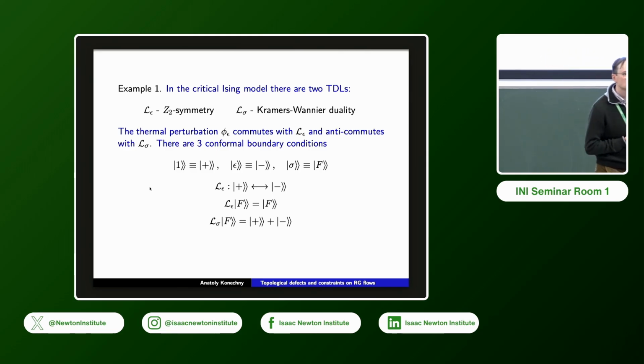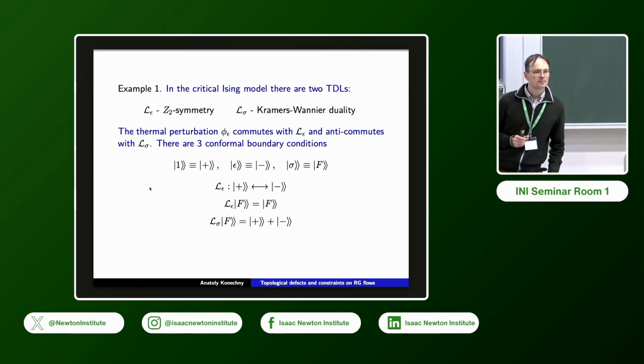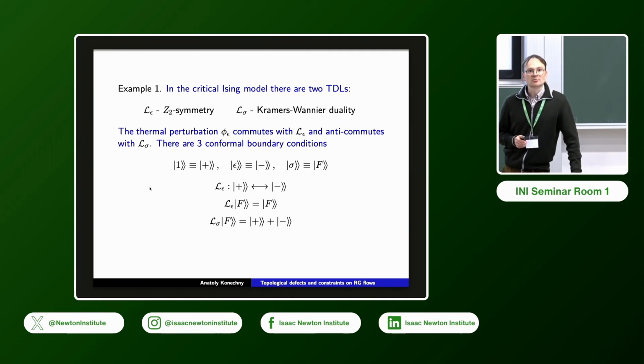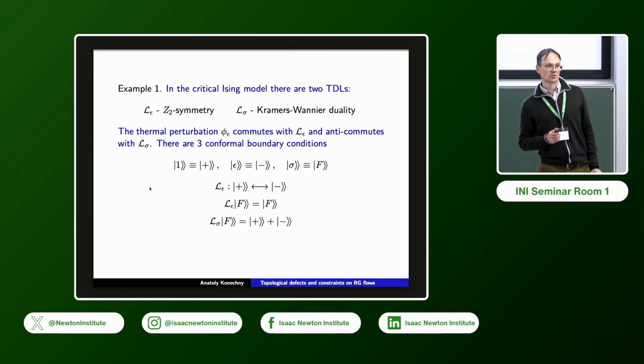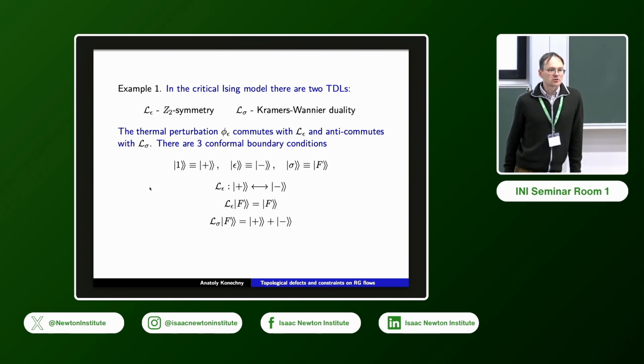Can this TDL just transform the boundary? Because I can view a boundary as a boundary state. So if your TDL is fused with a boundary, you can view this as a symmetry transformation, right? You get some phase in general. Well, you cannot multiply conformal boundary conditions by a phase or by a number. All you can do is switch on a local operator.